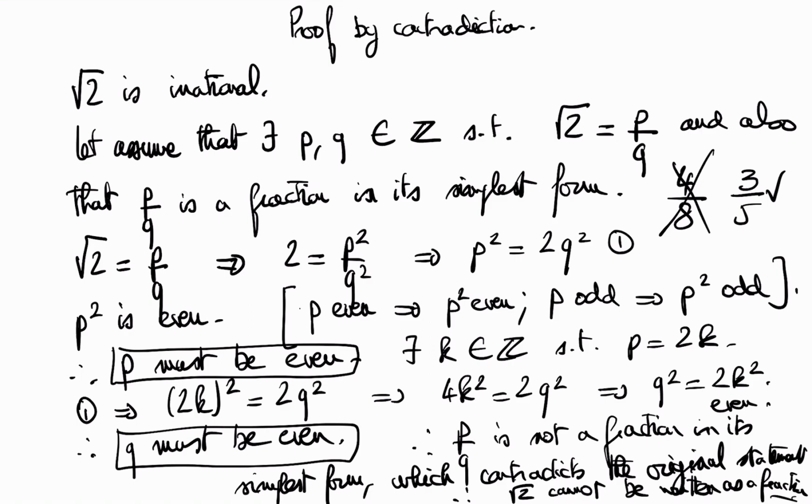Okay, so we've done proof by contradiction. That's a typical proof. Now, finally, proving logical equivalence.